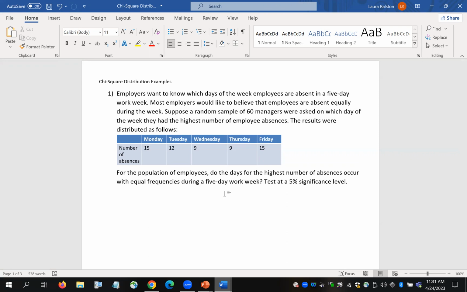Now, again, one of the first decisions you're going to have to make is, oh, I need to do chi-square goodness of fit. So you have to have an idea of how you know to do that. Well, one clue is that the data is given as a frequency distribution.